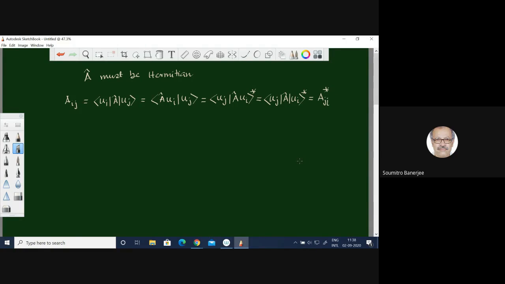So, what are the conclusions? Conclusion number 1 is, for i equal to j, the diagonal elements must be real. And 2, the off diagonal elements: what was the character of the off diagonal elements?